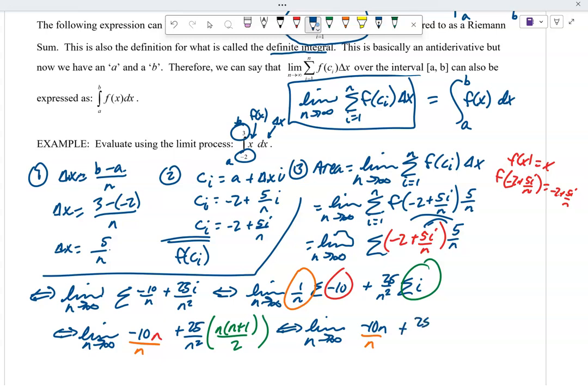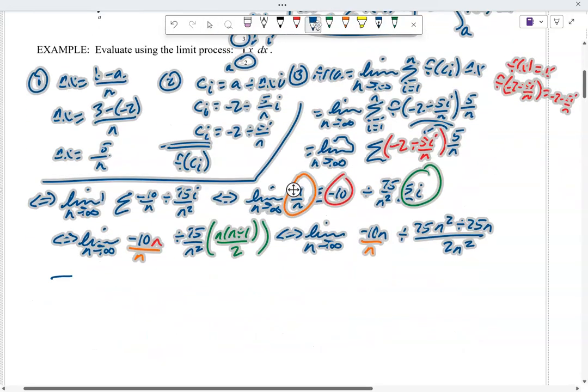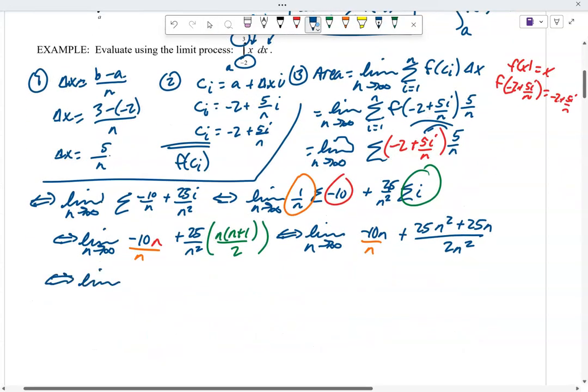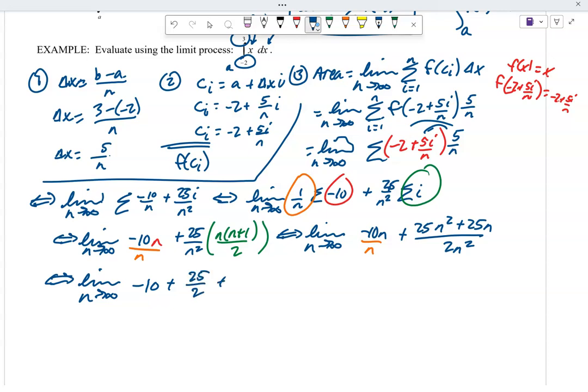Plus 25 n squared plus 25n all over 2n squared. So negative 10, I got 25n squared over 2n squared, so that's 25 over 2. I got 25n over 2n squared, so 25 over 2n.